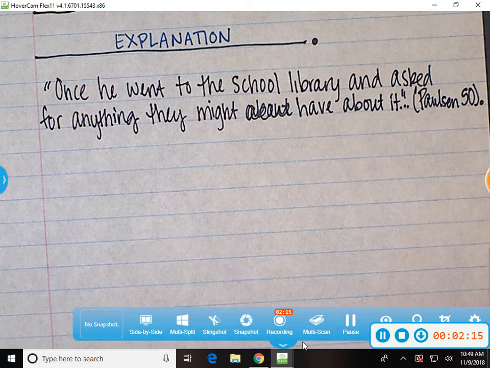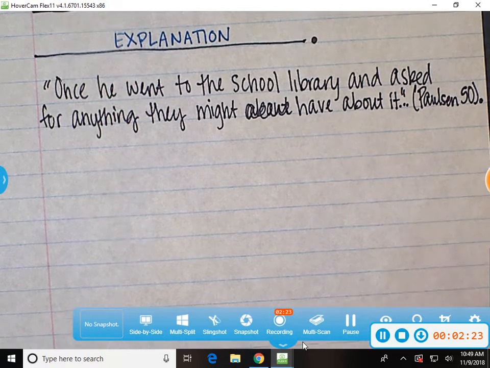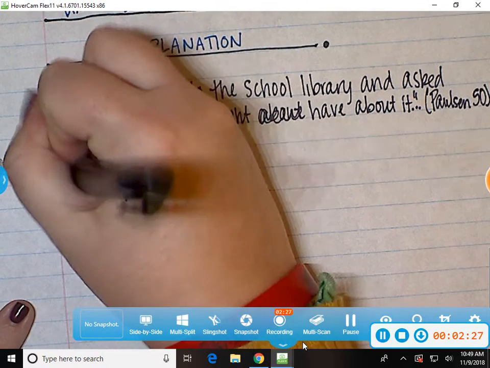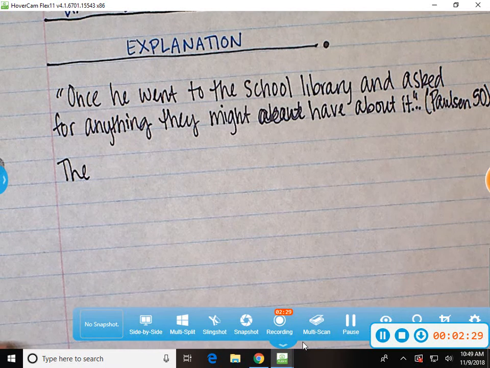So the question would be, does the dialogue or incident reveal aspects of character, provoke a decision, or propel action? Okay? So this is the quote that I've given you. So we're going to start with the, because we're just filling in our sentence frame.